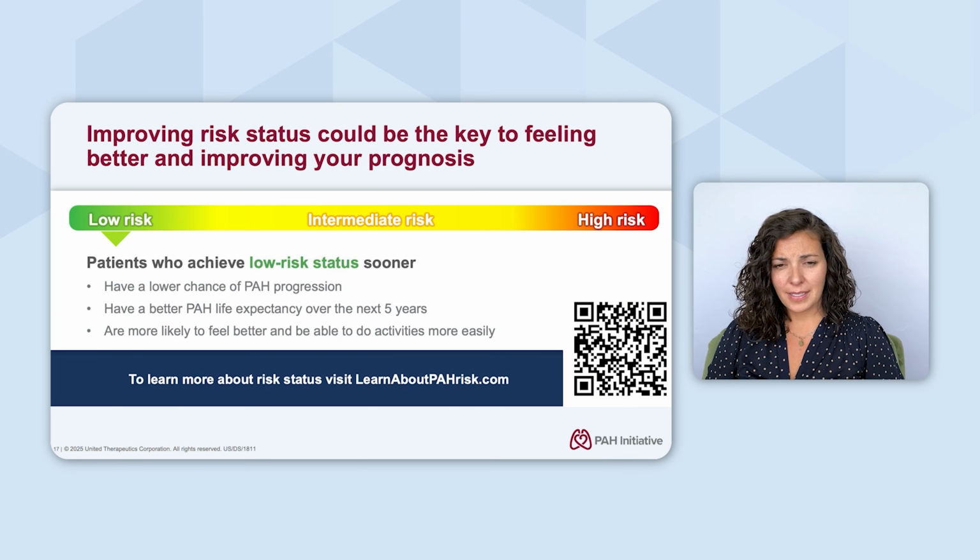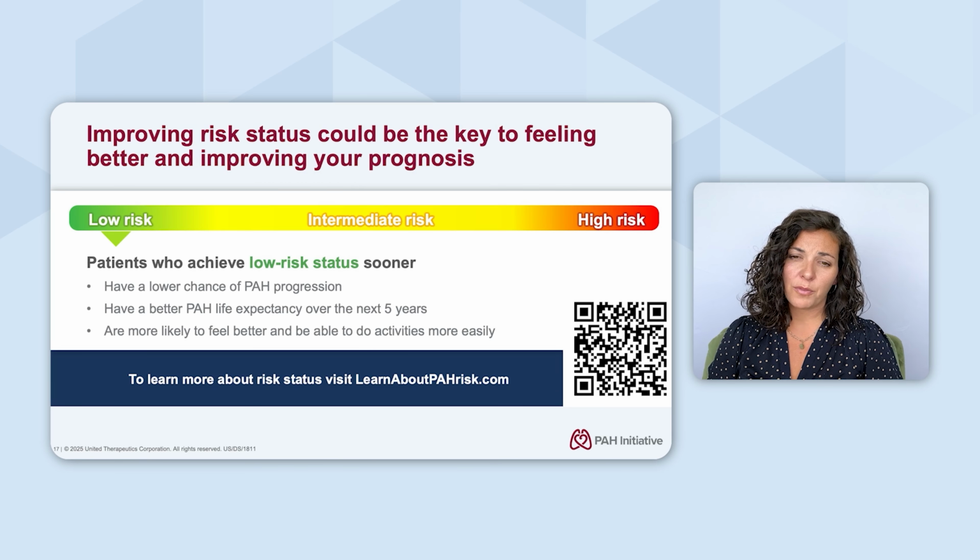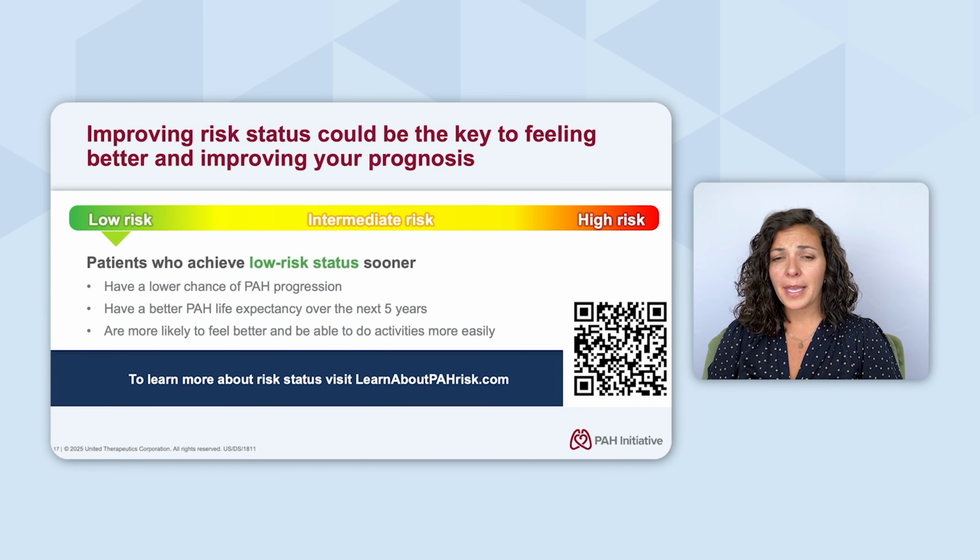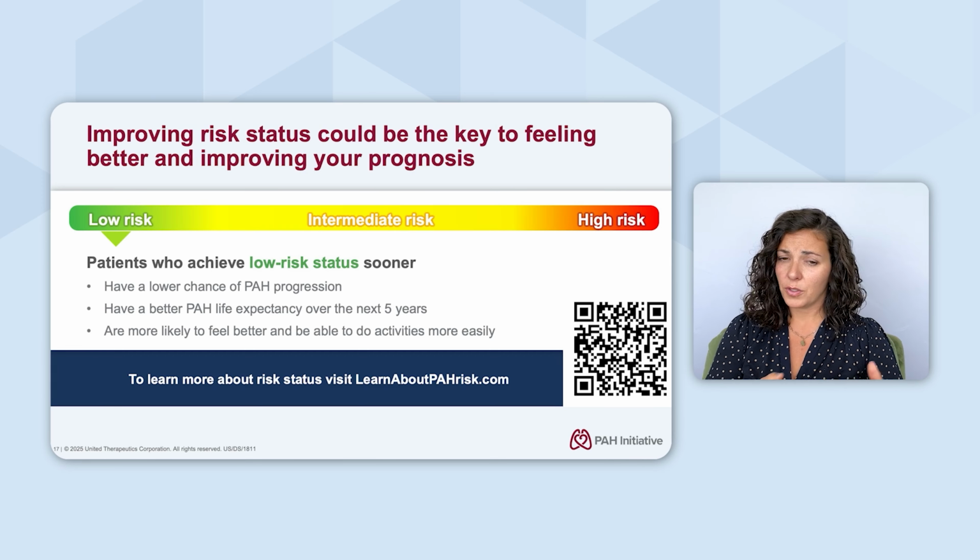And then we went on to say, well, what does that mean for patients living with PAH? And we did several studies, and really what we found is that patients with low-risk features of disease, or patients who are able to start on therapy and move to low-risk features of disease, have a better prognosis.